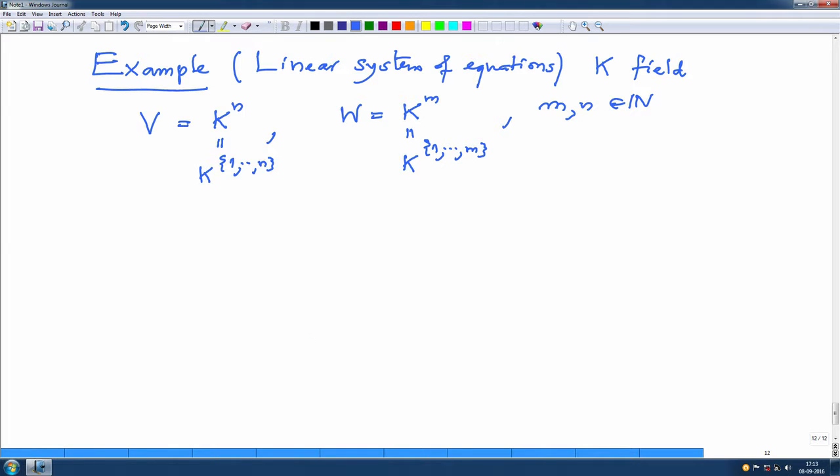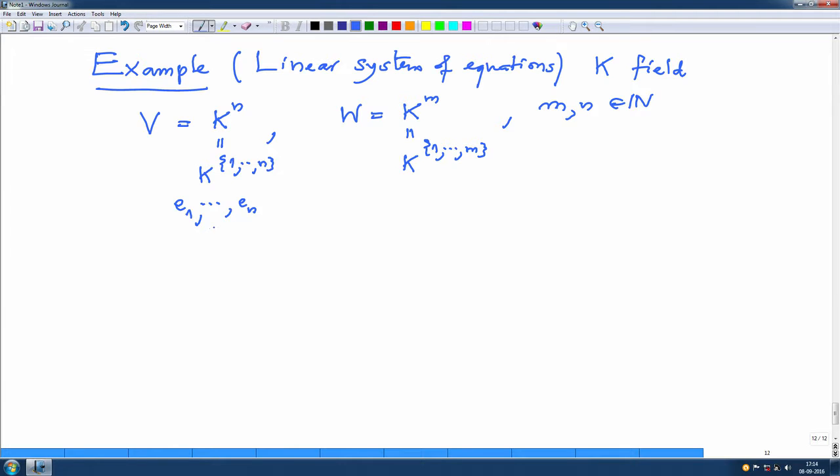These vector spaces are also given with a basis. The basis is fixed here. When you have written V equal to k power n, the standard basis is also fixed. So the standard basis here is E1 to En. But for W, I cannot denote the standard basis E1 to En because there will be confusion, right?